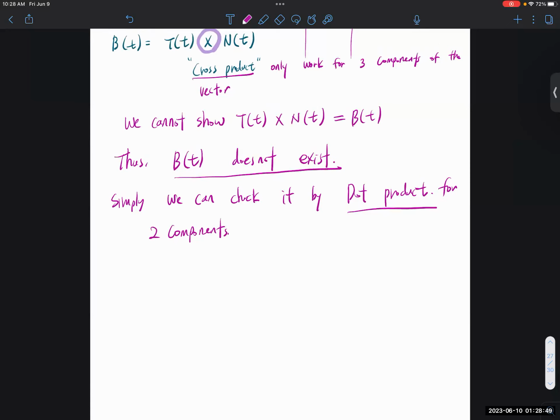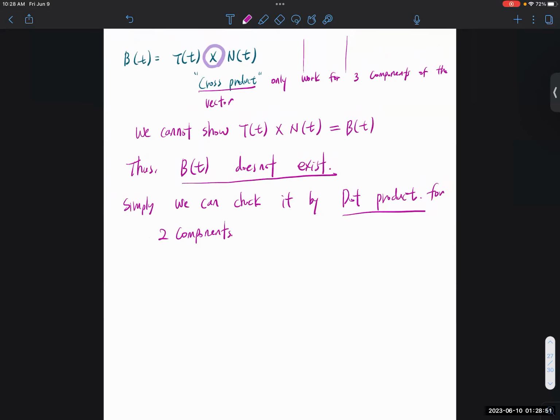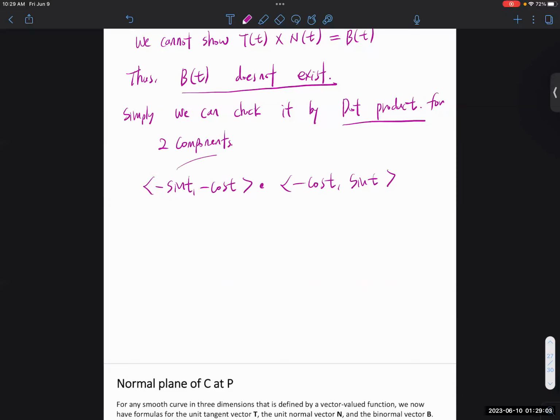We have T as negative sine t, negative cosine t, dot the negative cosine t, sine t. We know how to do the dot product: multiply and add them. So sine t cosine t plus negative cosine t times sine t. What happened? They're going to be 0.